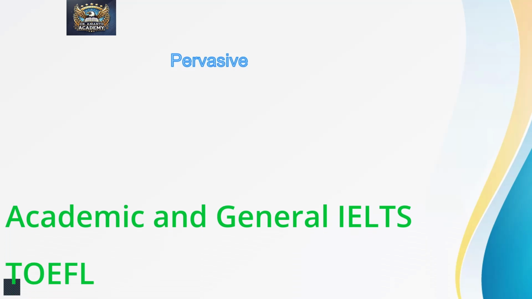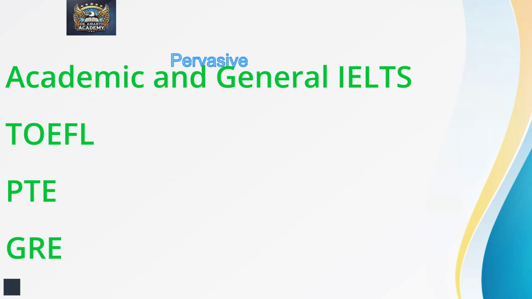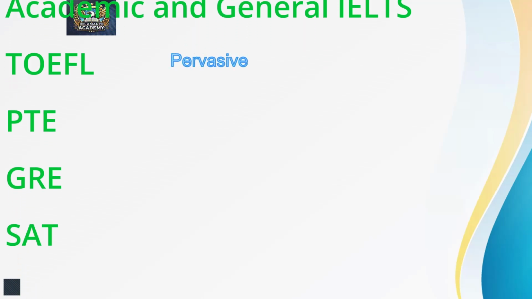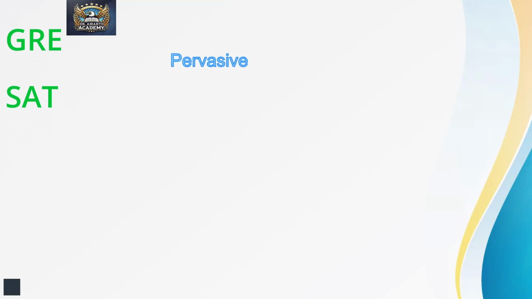Pervasive, another word that is used in academic writing, but these words are not just limited to academic IELTS. In general IELTS also, in writing task 2, we use these words because writing task 2 is essay writing, and for essay writing you need some academic words like these.